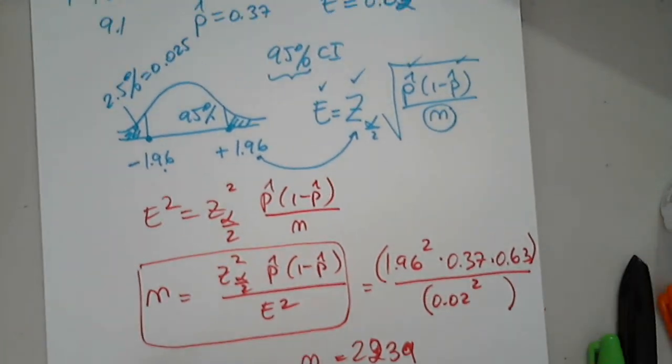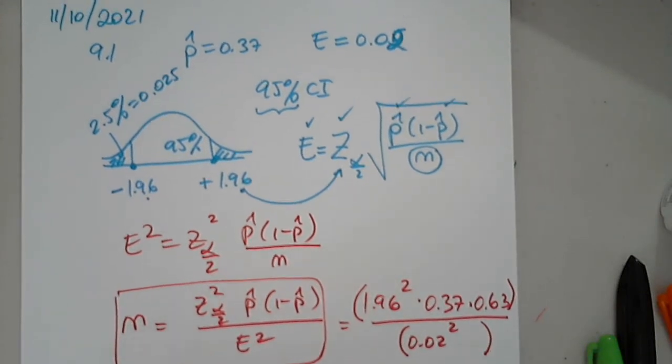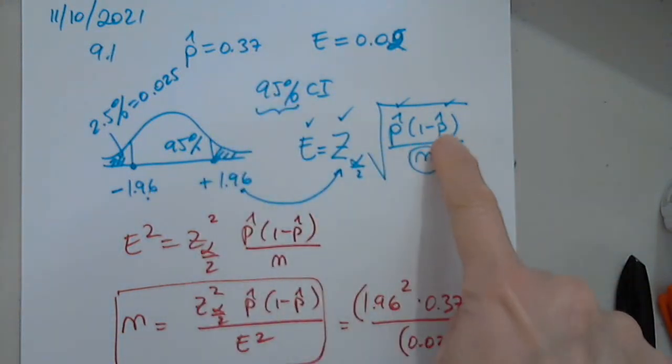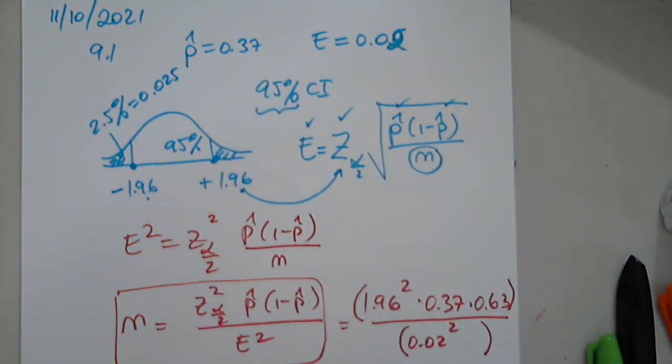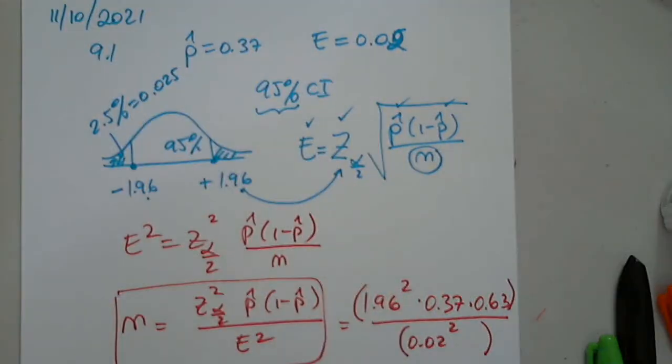You mean this? If you don't mind me asking, where did we get the 0.63? 1 minus 0.37. Okay, thank you. You're welcome. Good. Anything else? Other questions?